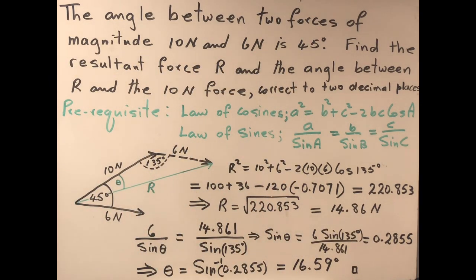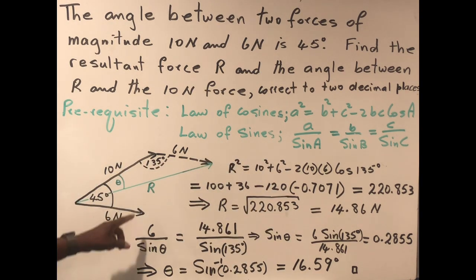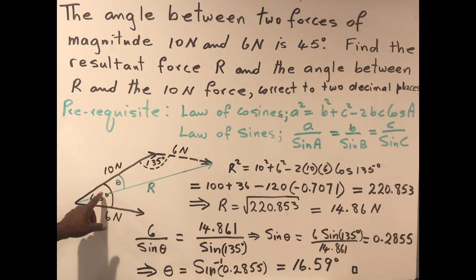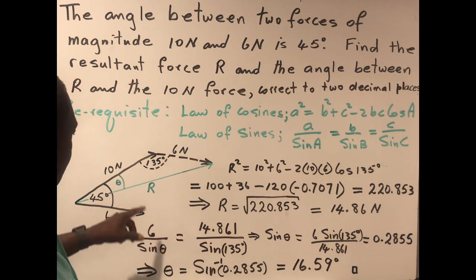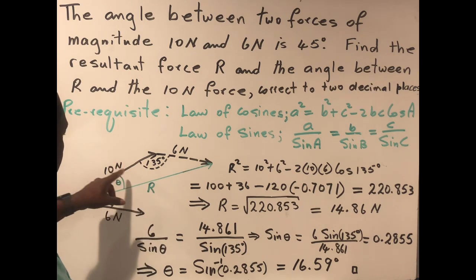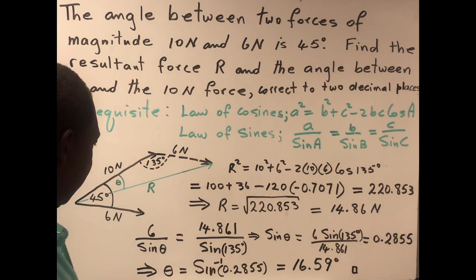And now to determine the angle theta, which is the angle between the 10 Newton force and the resultant R, we use the law of sines. So the law of sines tells me that 6 over the sine of theta will be equal to 14.861 over the sine of 135 degrees.